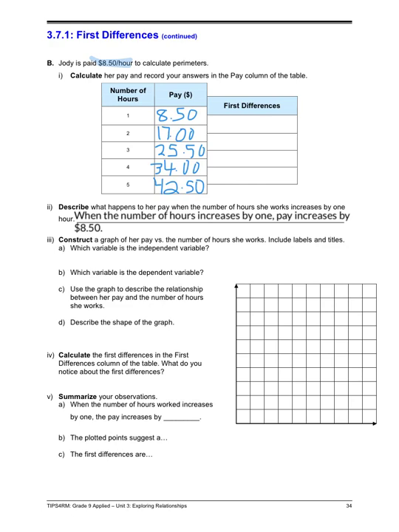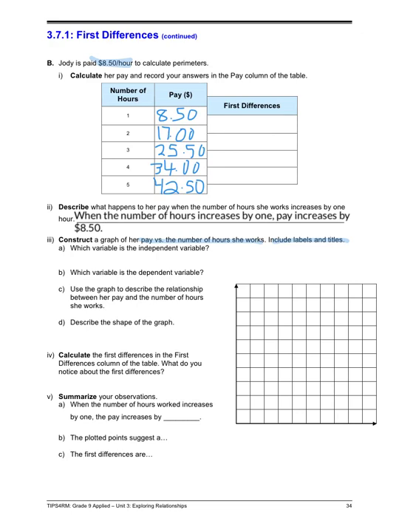For part 3, we're asked to construct a graph of her pay versus the number of hours she works. We need to include labels and titles. So we're looking at pay versus the number of hours she worked. First, we need to decide which variable is the independent variable.